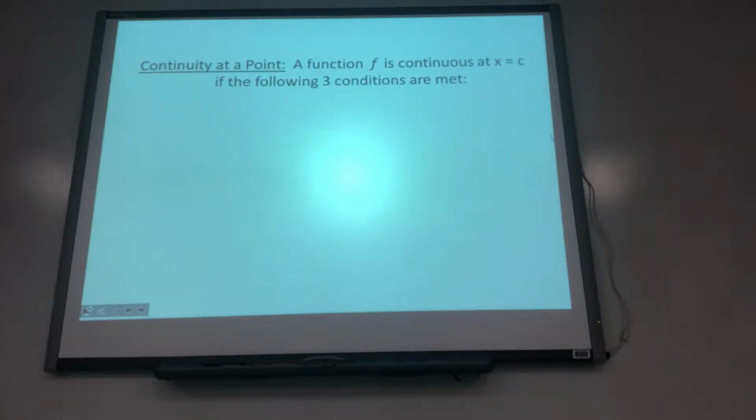Let me give you a few conditions that have to be met in order for a function to be continuous. Continuity, continuous, it's all kind of together here. And so it says continuity at a point.